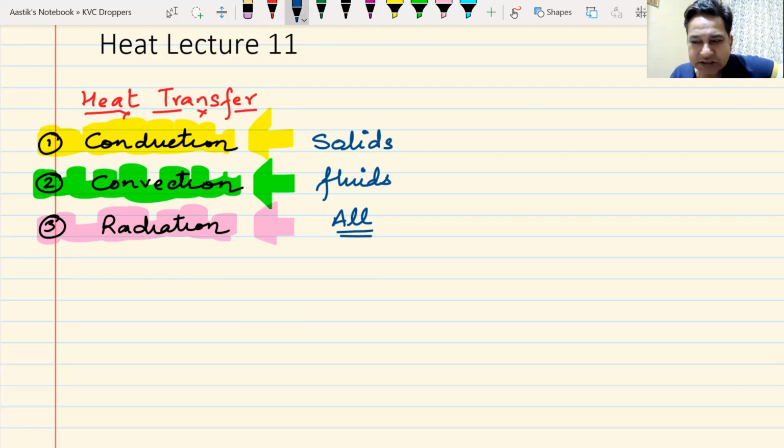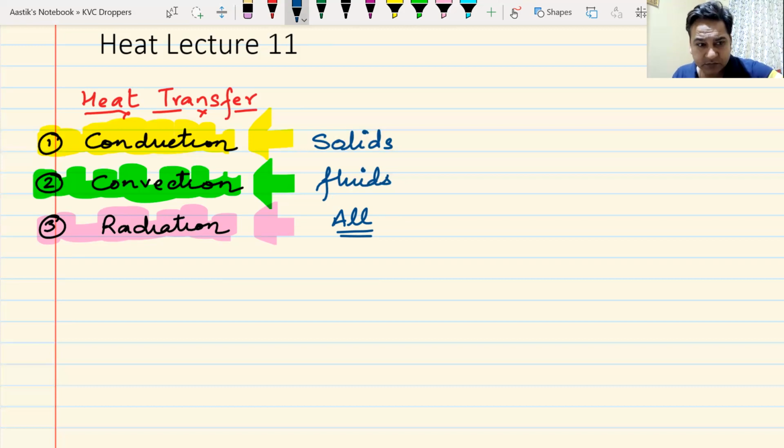For example, conduction is a very, very slow process in liquids. So heat will not get transferred by conduction. It will probably use convection, which is better, faster, or definitely radiation. Now you will say radiation, how does it happen in liquids? Well, you have a cup of hot tea, you keep it.